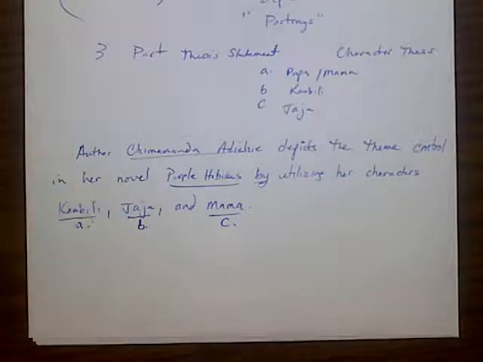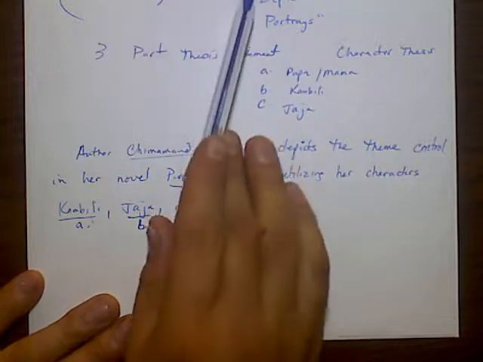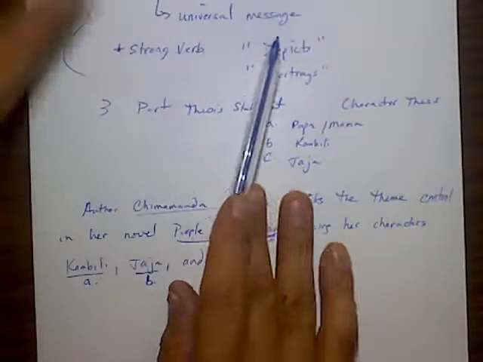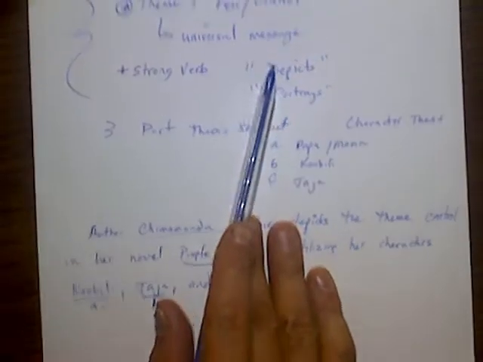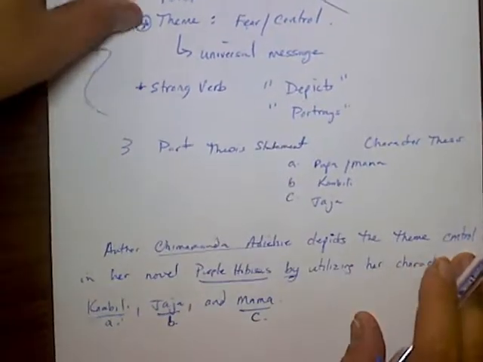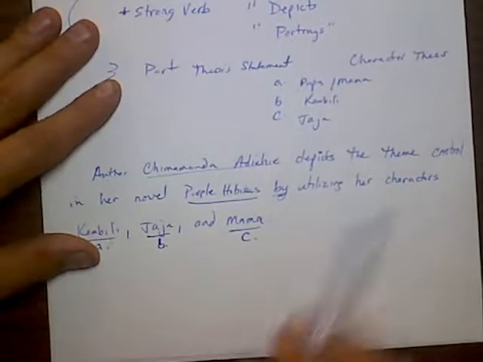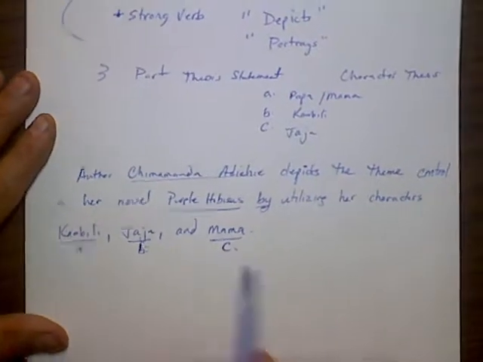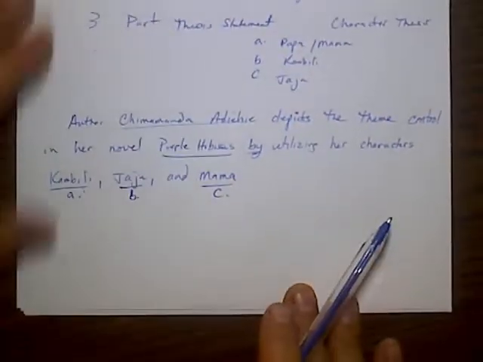Now, one weakness in this particular thesis statement is that message. I didn't get to include one of the more important parts of theme here, and that is the universal message. What was it that Adichie was trying to say? So, can I adjust this at this point? Absolutely.